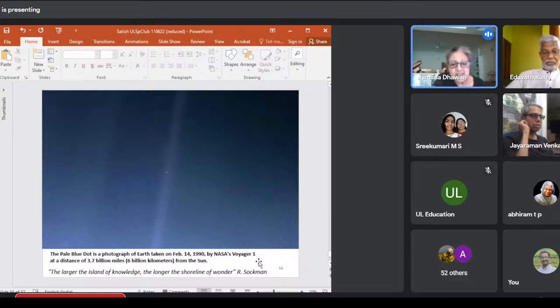The quote which is written on the bottom is a quote from the pastor of a church, Ralph Sockman. He said, "The larger the island of knowledge, the longer the shoreline of wonder."